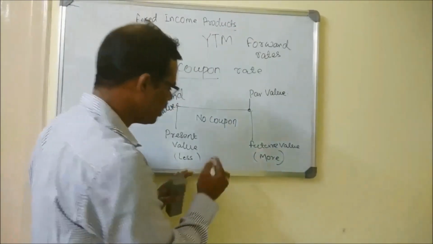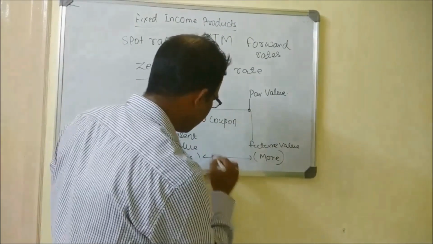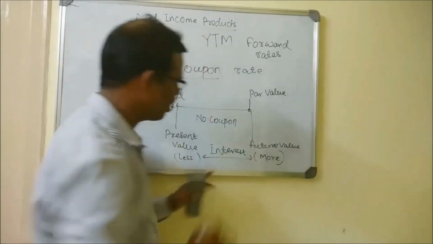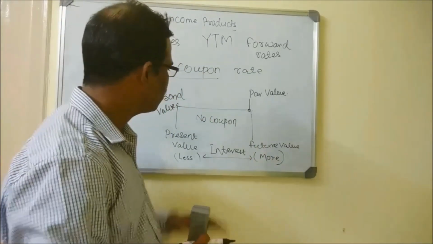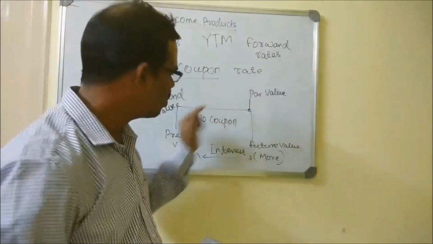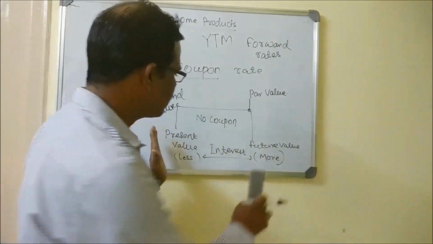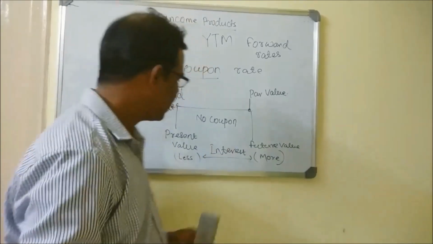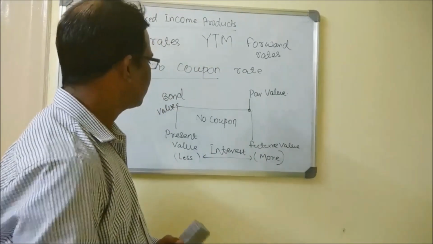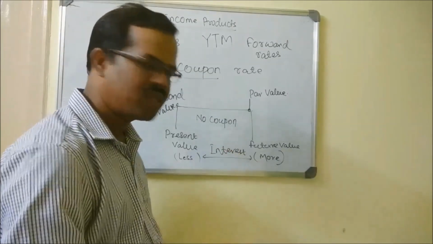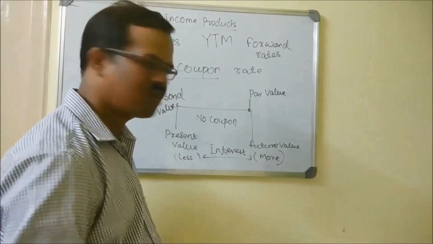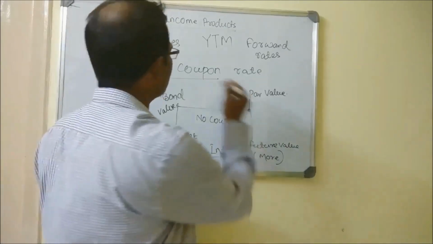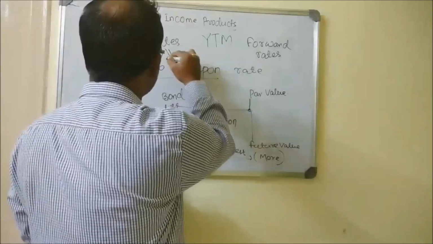The difference is the interest portion. This interest rate is called the zero coupon interest rate. You don't receive any coupon in between; only the difference between the future value and the present value represents your interest. If presented in annualized form, it is called the zero coupon rate, or also the spot rate.